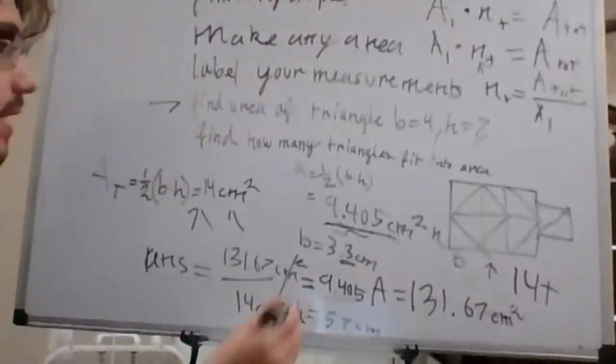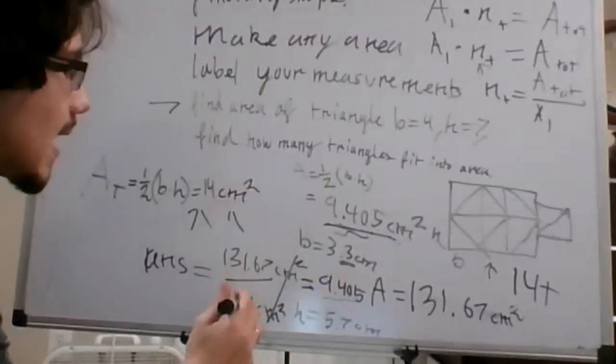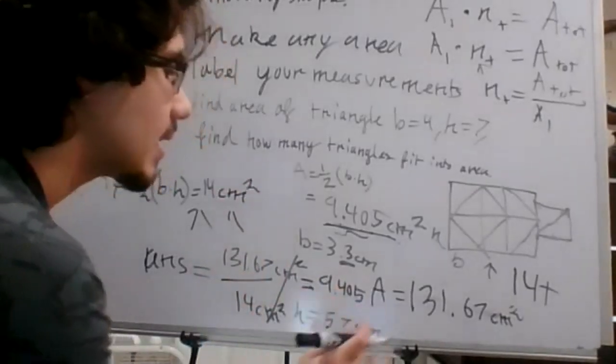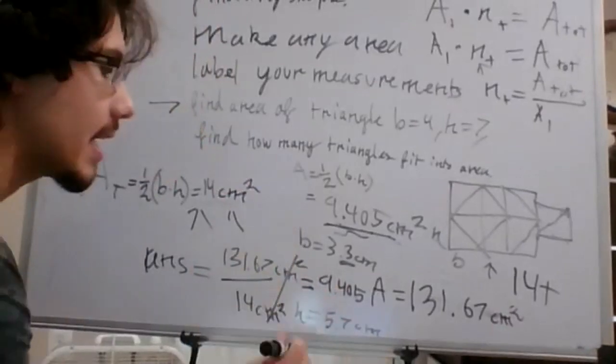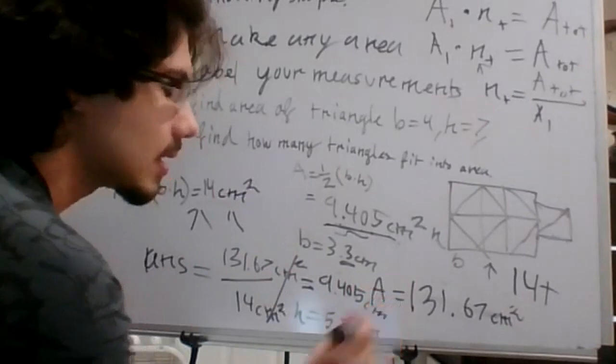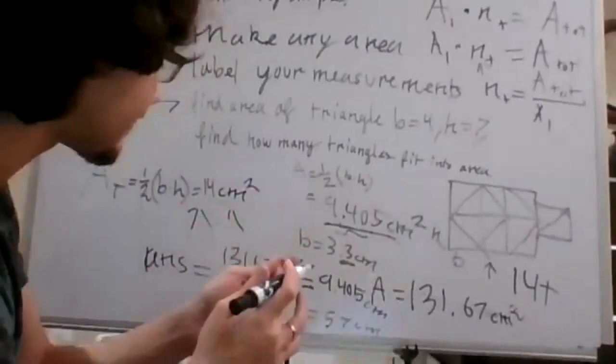Now I also want to point out that the units canceled out when we divided the areas by each other. The reason why is because if the units didn't cancel out and we had 9.405 centimeters, that's not a number, that's a length.